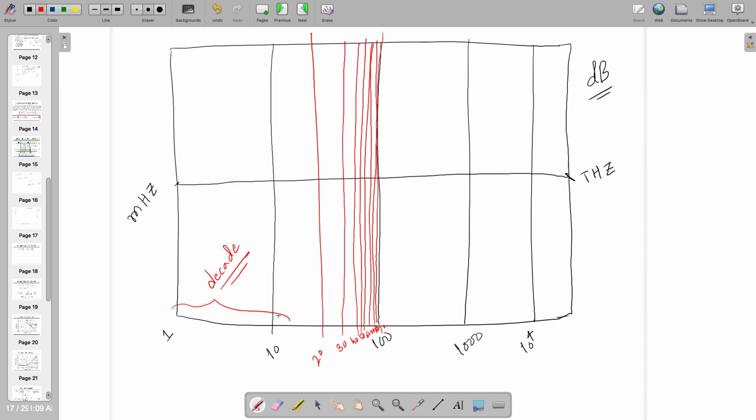So if it is double, 10 to 20, then it's known as an octave. These are the words you should remember. You can keep it somewhere, right? We are going to use these words. Something multiplied by 2 in general we are going to call octave. Multiply by 10 we are going to call decade.